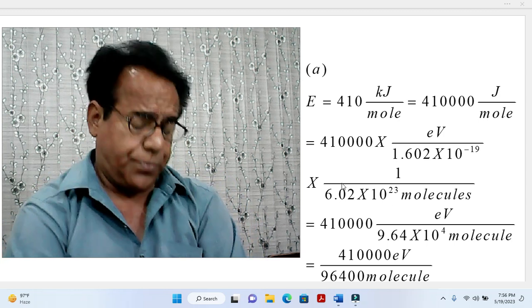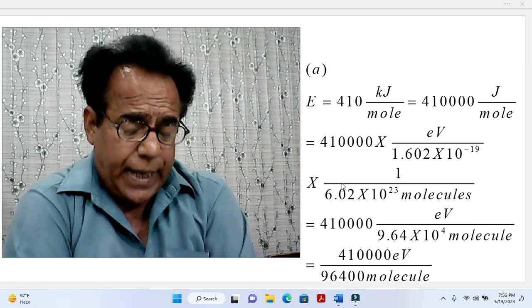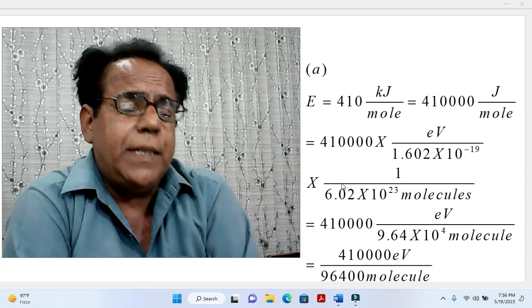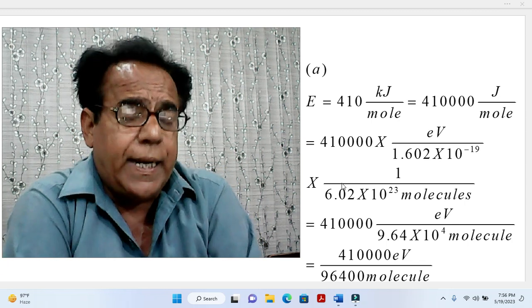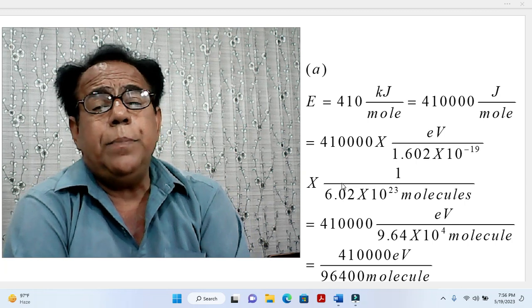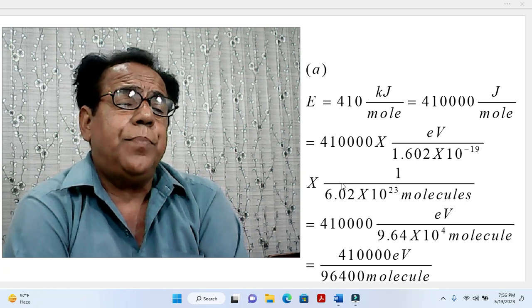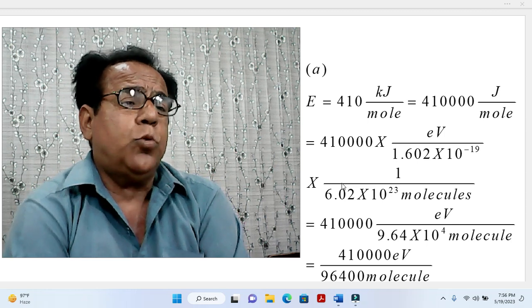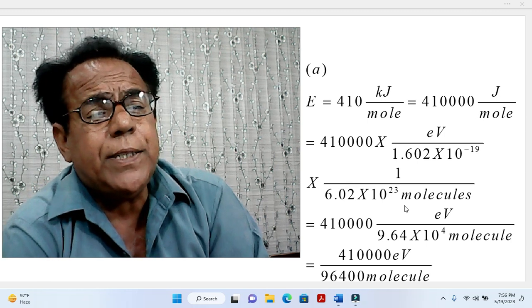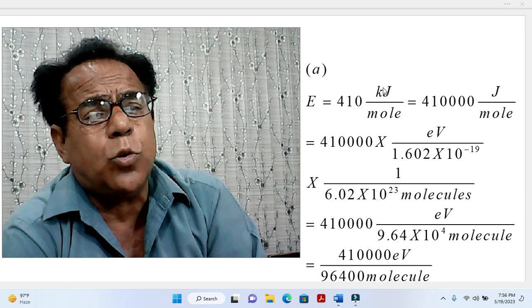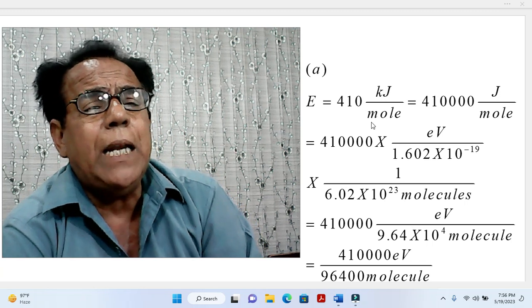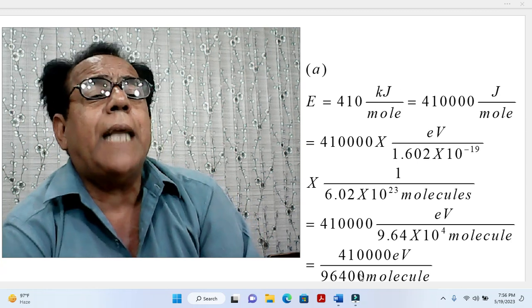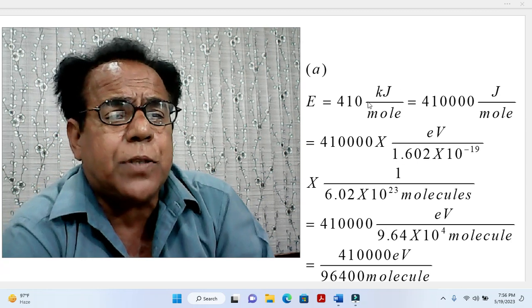As I said in the beginning of this problem, this problem is nothing but a use of conversion factors. First we have used the conversion factor of kilo K, then the conversion factor of joule J, then the conversion factor of mole.